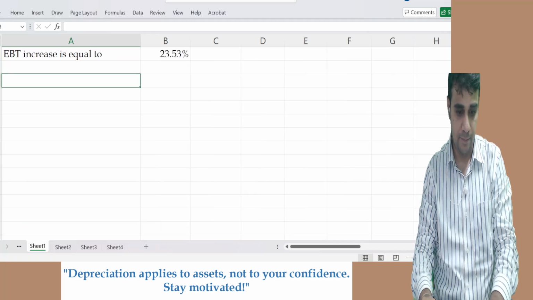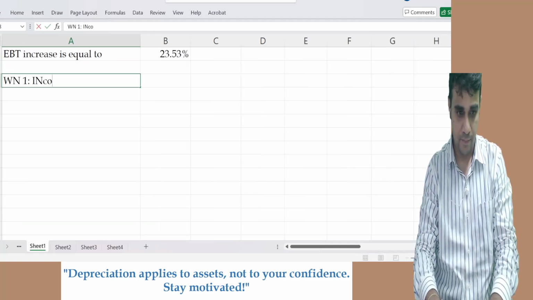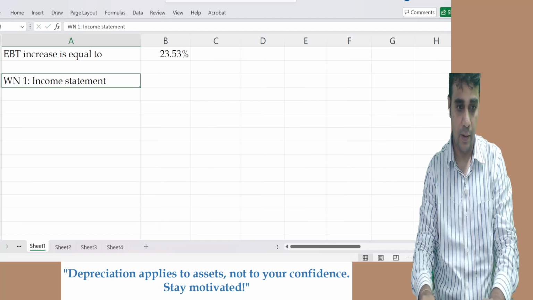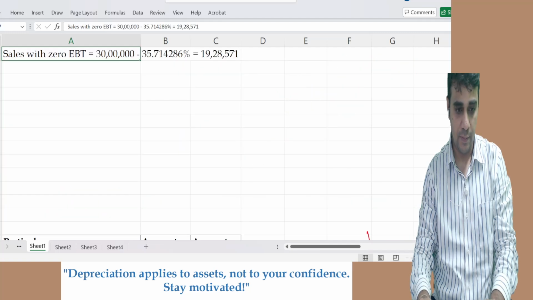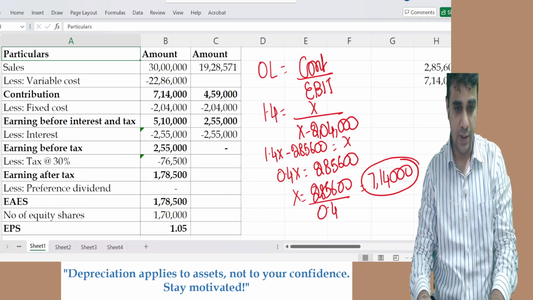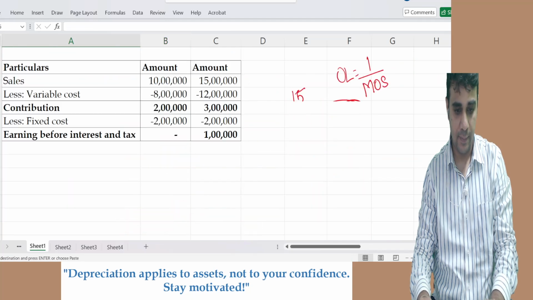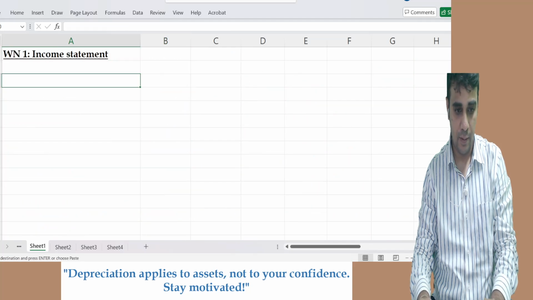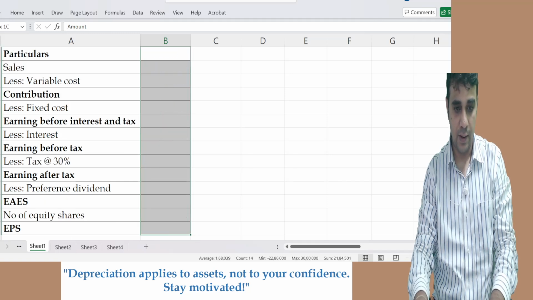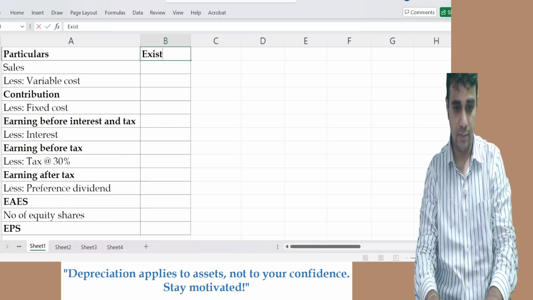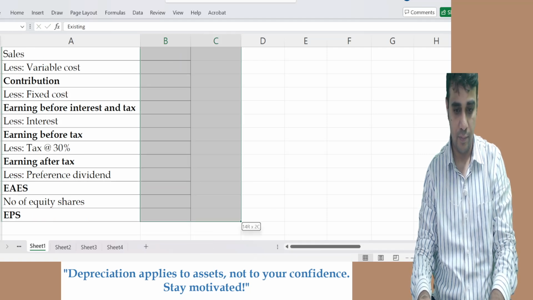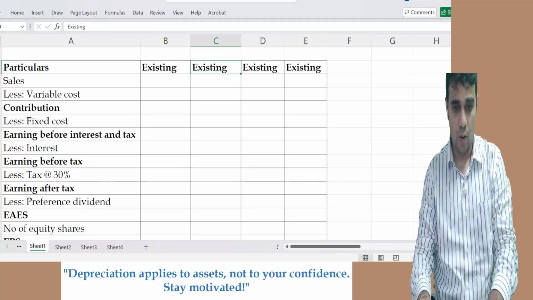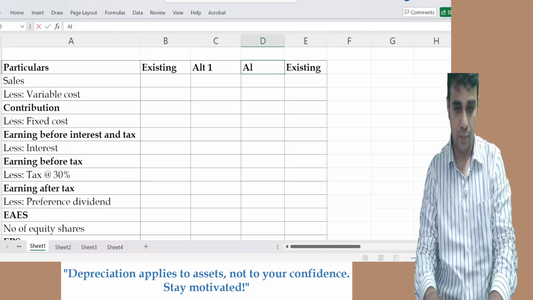Let's do the income statement. Particulars and 4 columns: existing, alternative 1, alternative 2, and alternative 3.